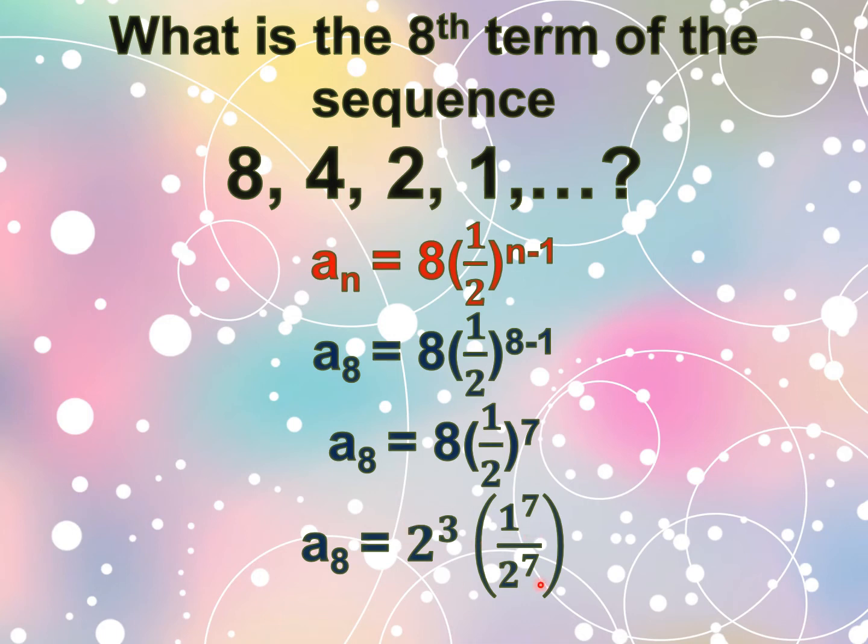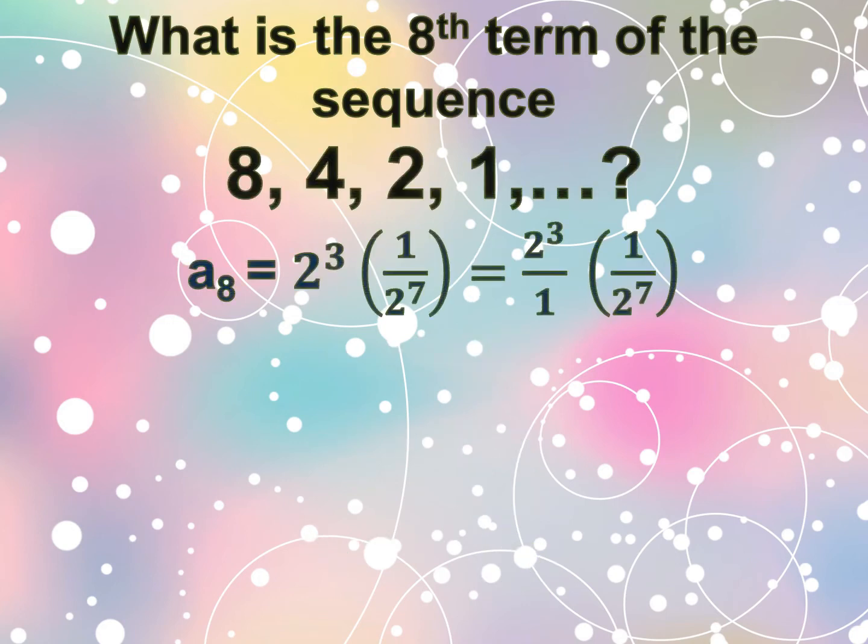So, bakit ako nag-exponential form? Kasi, para masanay tayo later on, gagamitin ang exponential form, lalo na kapag sinusolve ang value ng n. And then, isimplify lang natin. So, magiging 2 raised to 3 times 1 over 2 raised to 7. Kasi yung 1 raised to 7 kanina, ang magiging answer ay 1.